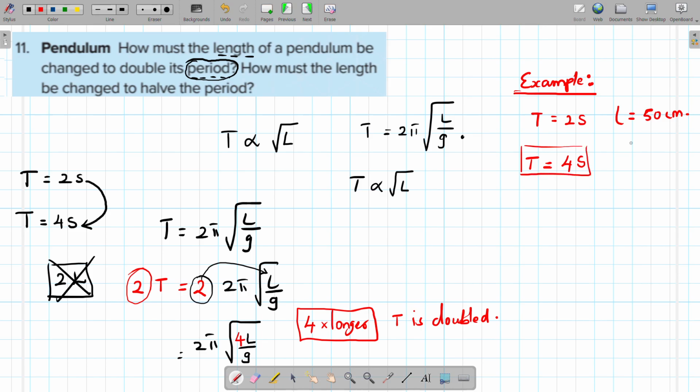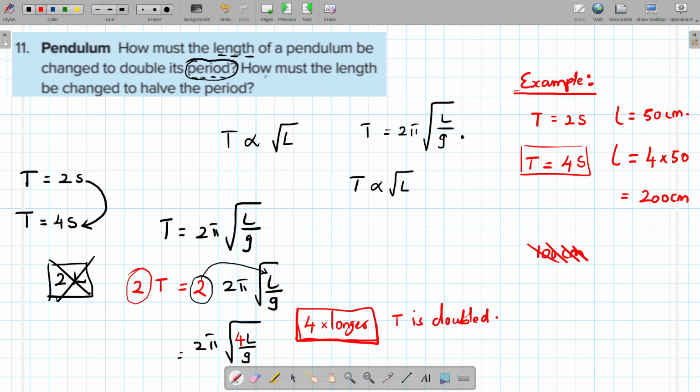How must the length of the pendulum be changed? 4 times the initial value, which means 200 centimeters, not 100 centimeters. The common mistake is that students write 100 centimeters. That means doubling the length, but it is not doubled, it is quadrupled. The length is 4 times greater.